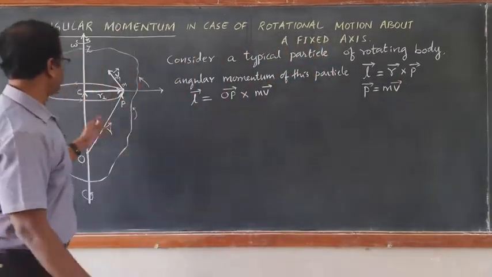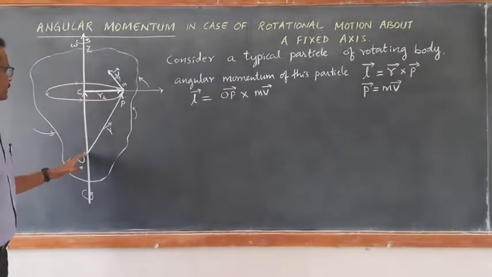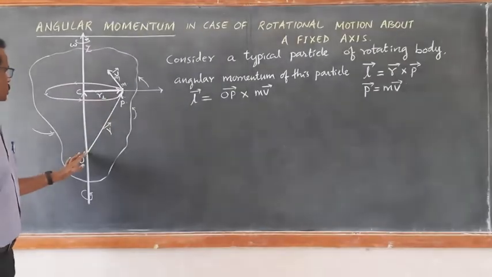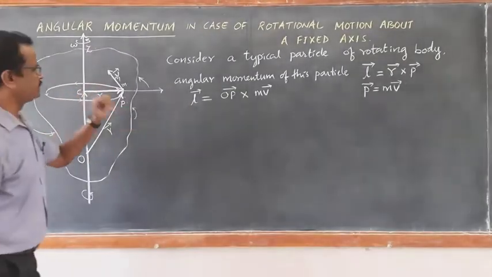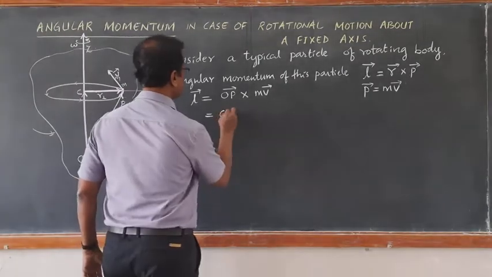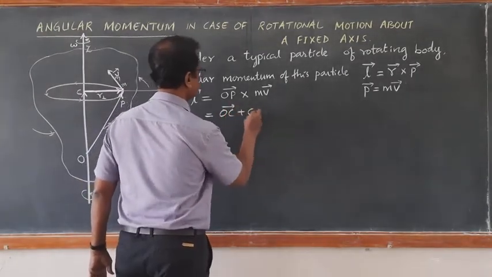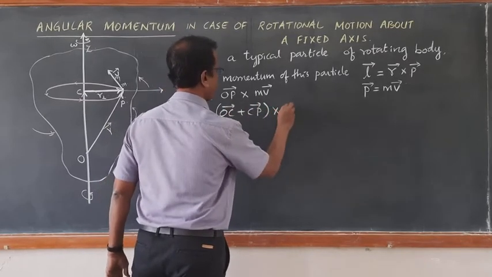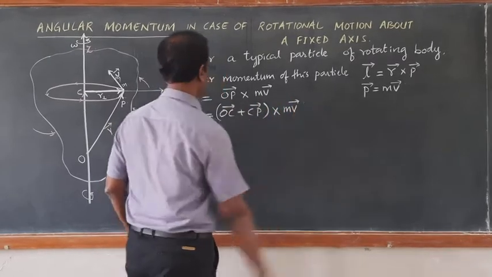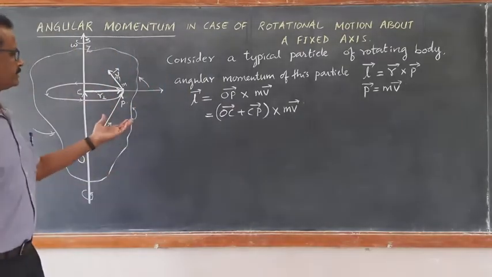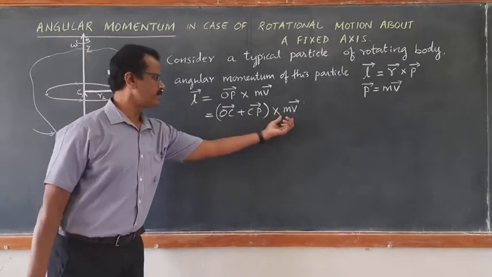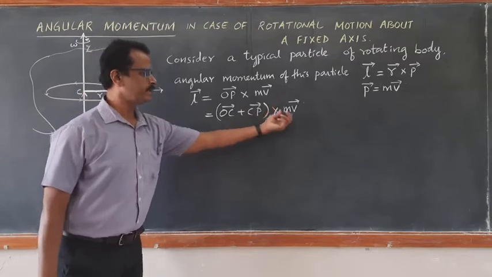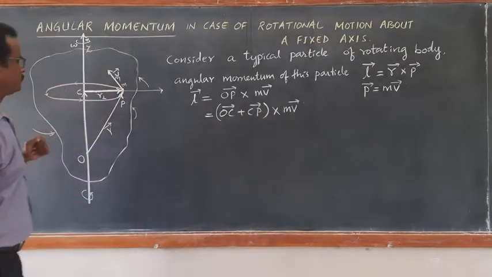Now let us substitute the value of OP from the vector diagram. OP vector is equal to OC vector plus CP vector, cross mv. Now we have to calculate OC cross mv plus CP cross mv from the diagram.